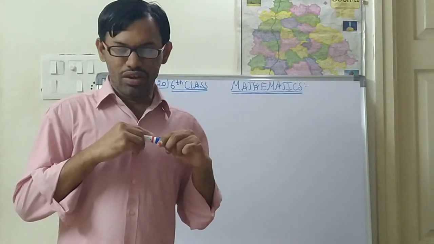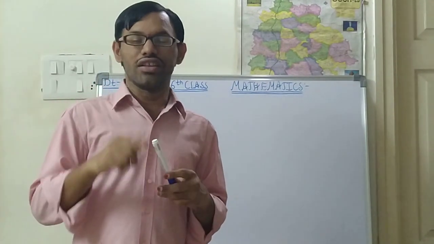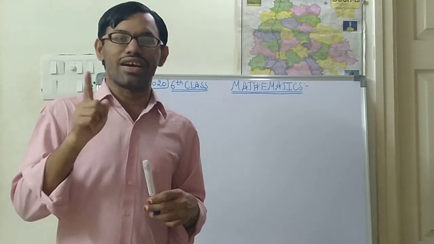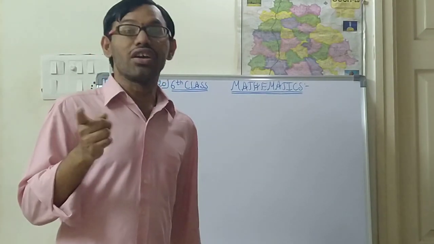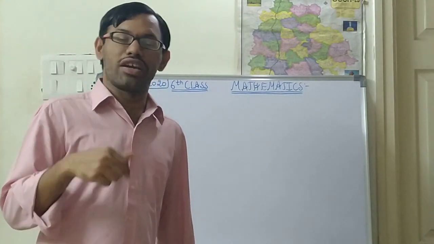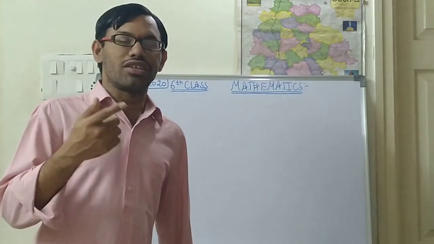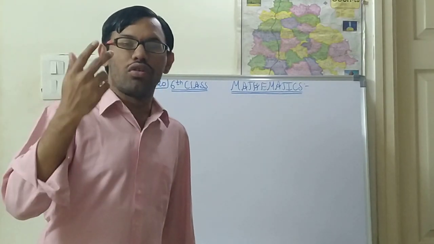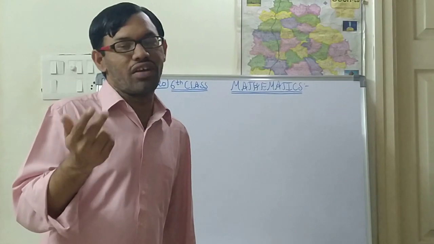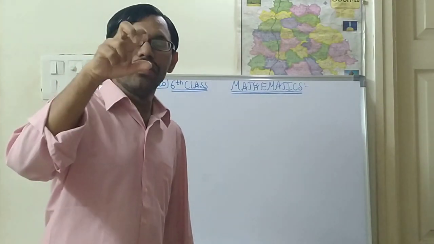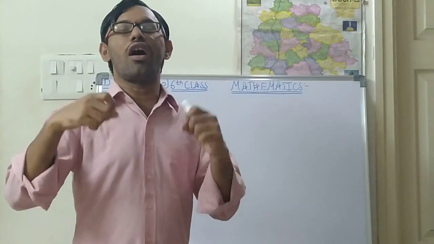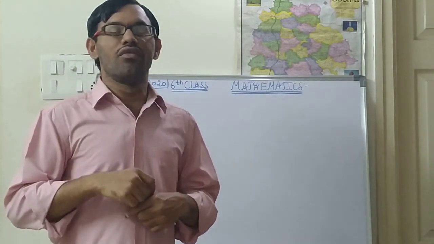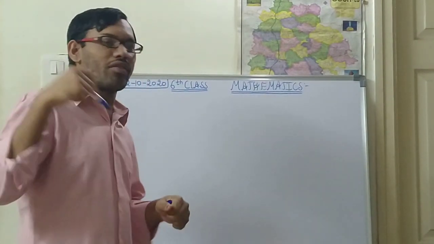In the common factors, we found which is the greatest, that means the largest common factor. By finding the factors of two or more numbers, and then taking the common factors from them.